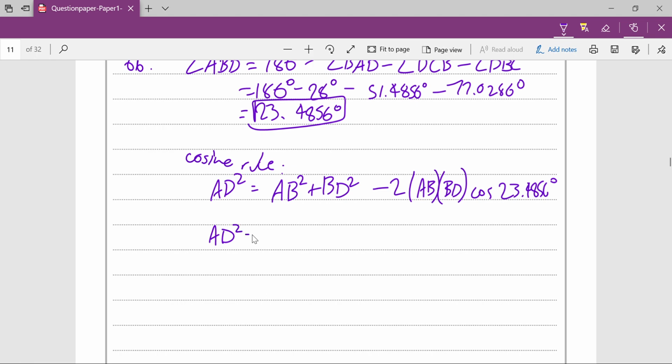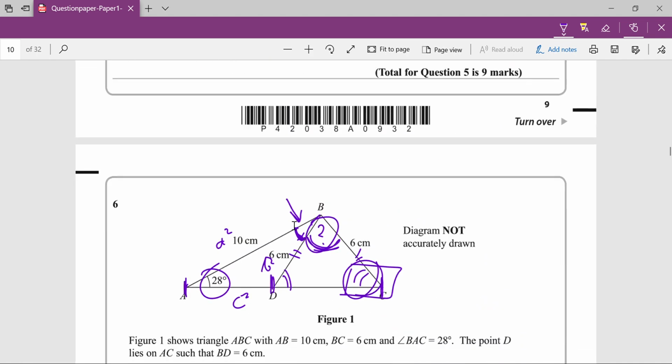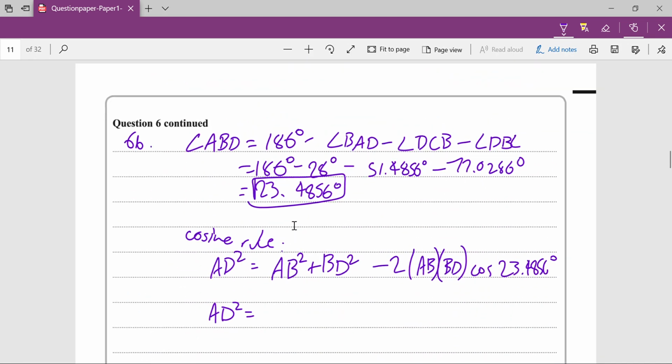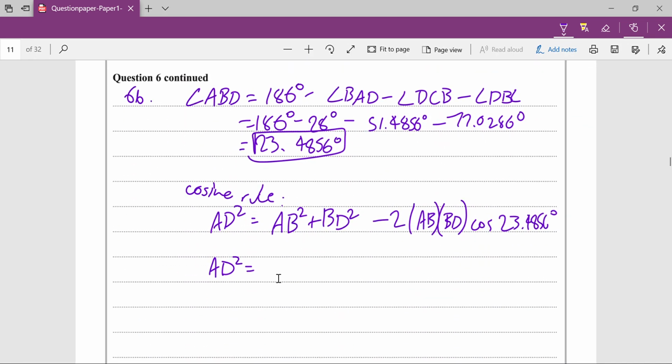And of course we are going to substitute our known side lengths in, so 10 cm, 6 cm, and finally at this point I think we can just evaluate it without showing arithmetic.